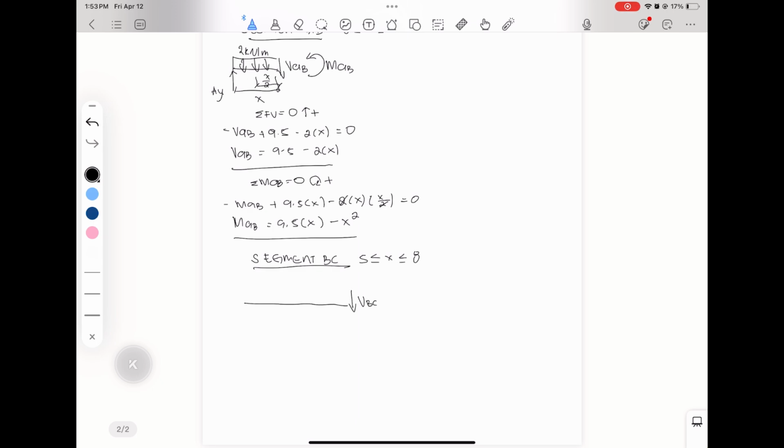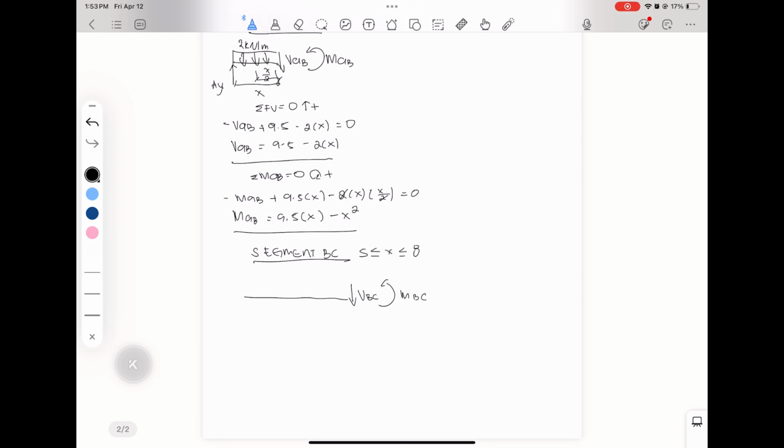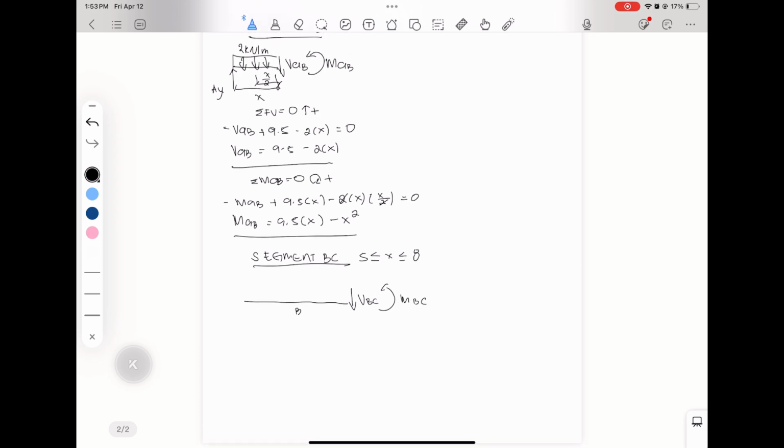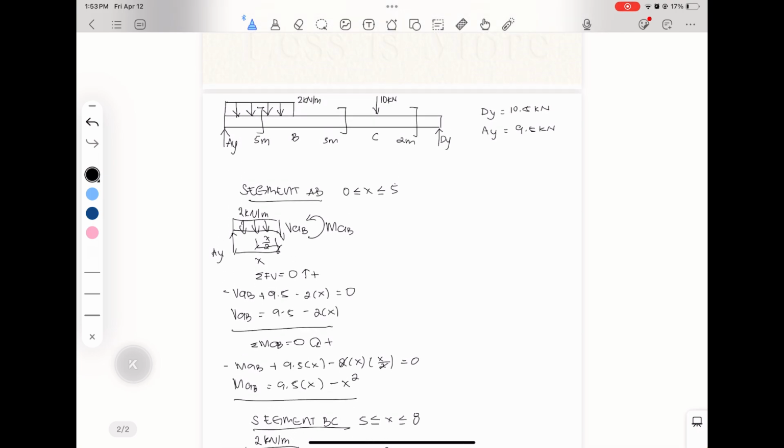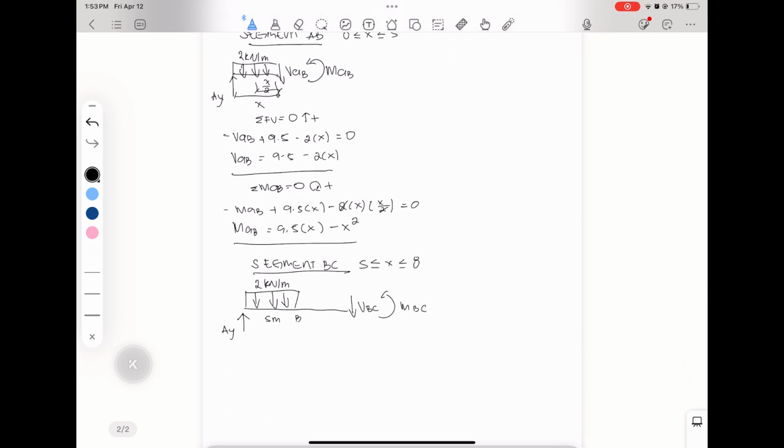So VBC and moment BC. But now we know that this is 5 meters and AY is here, then the load is here, so this is 2 kilonewtons per meter. Is this correct? Yes. And then all of this is x.